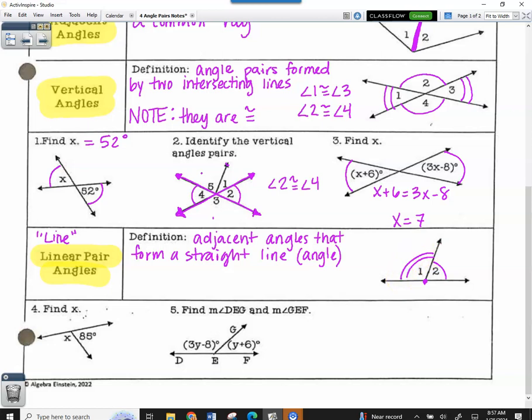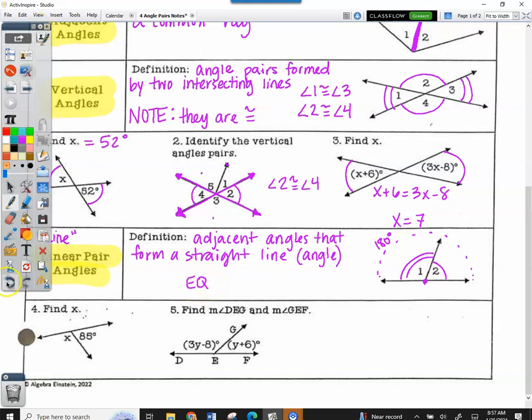If I add them up, I'm going to get 180 degrees because it's a straight angle, okay? So here's the equation that you can always write when you know you have a linear pair. Angle 1 plus angle 2 equals 180. Or you could say part plus part equals 180. You don't have to, it's up to you.